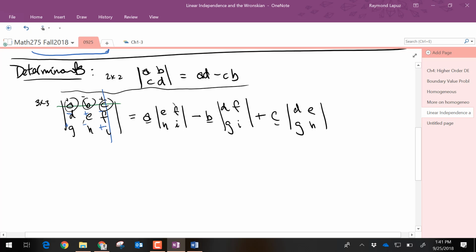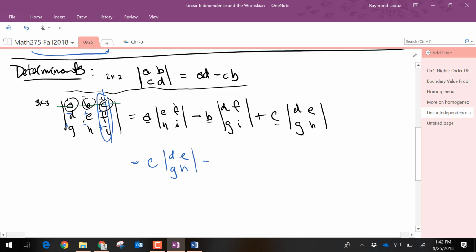And if I expand on the third column, I will have a plus C. And then after I cross out the row and column that contains C, I have D, E, G, H left.